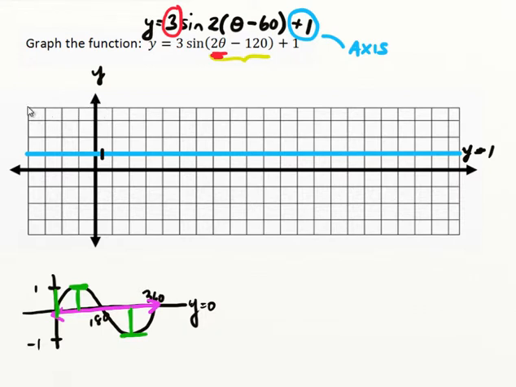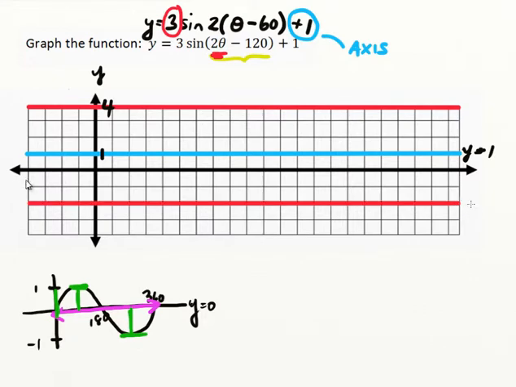I'll put a maximum right there, which will be at 4. And I'll also put in the minimum. The minimum will be 3 away from 1, which is 1, 2, 3, so it'll be down here at -2. There is the channel that this curve will do its wave in.